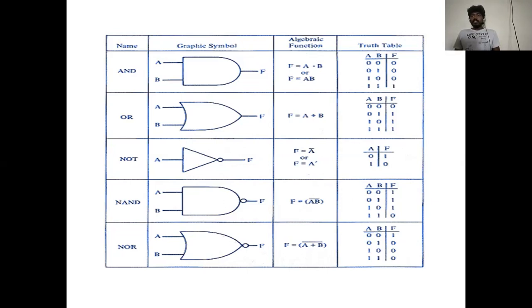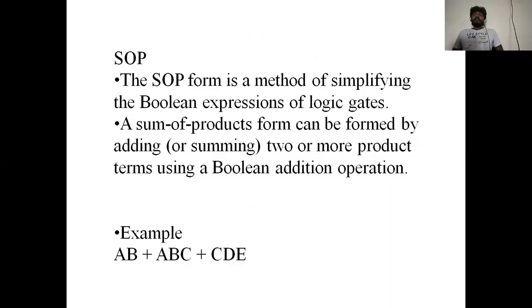You can see the difference between OR and NOR logic. For OR, you have f is equal to a plus b. For NOR, you have the function as a plus b the whole bar, right? And also you can compare the truth table of OR with NOR. That is exactly opposite to that of OR gate, right? Clear?